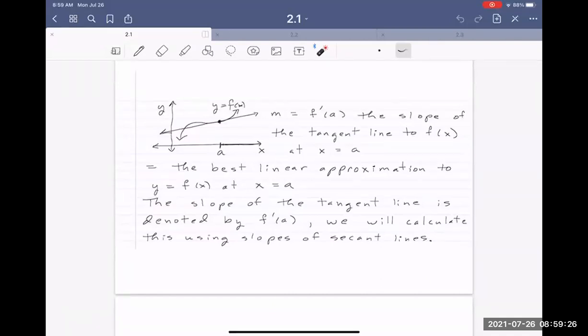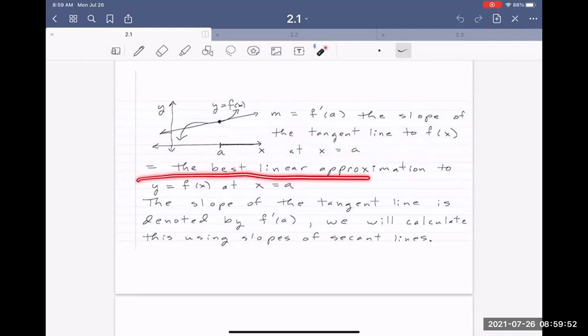So suppose I have some function relative to some coordinate system near x equals a. Let the tangent line be the best linear approximation. So m equaling f prime at a is the slope of the tangent line to f of x at x equals a.